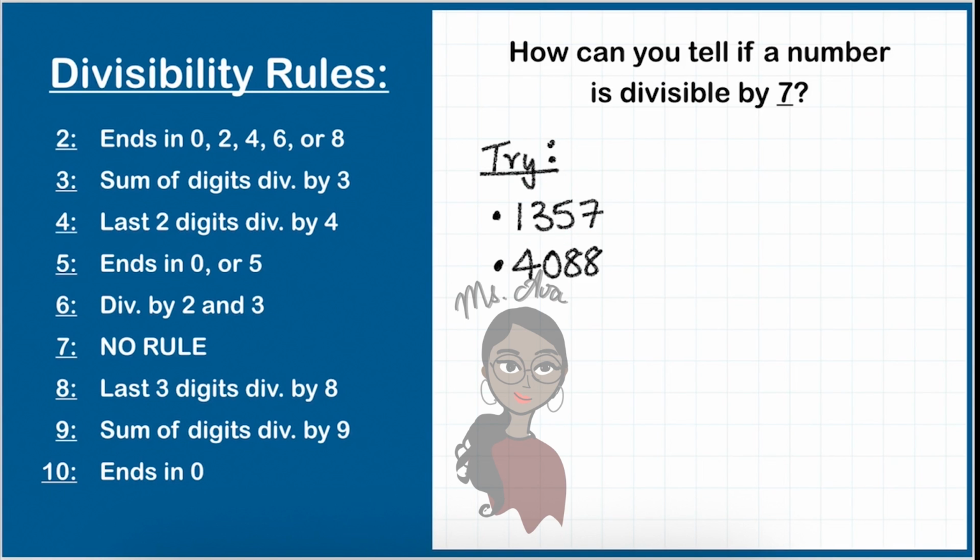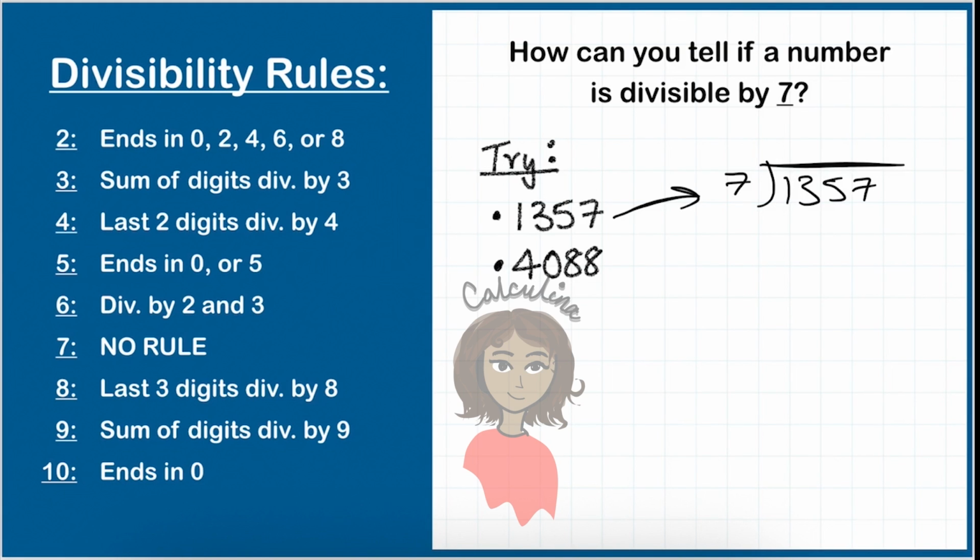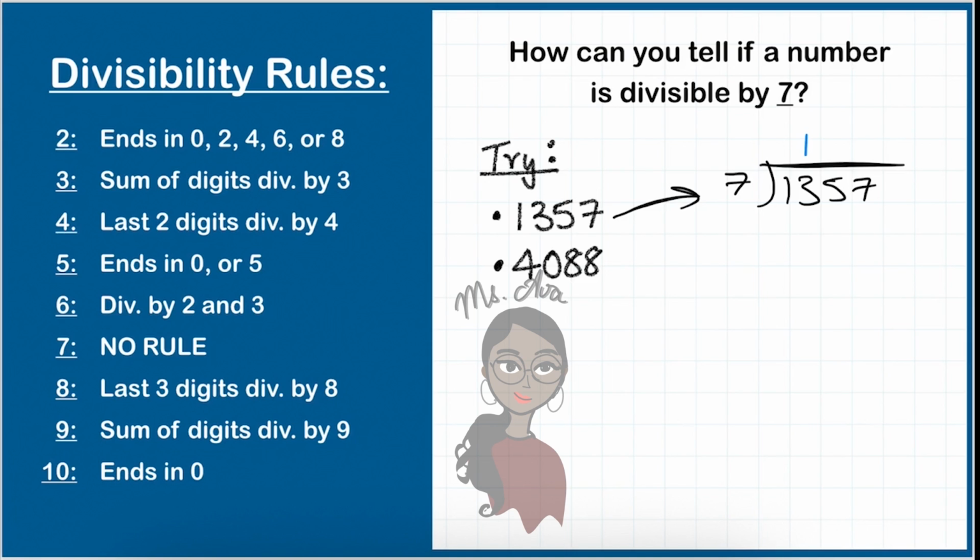So we'll do the shorthand division. Let's try this one first. So 7 and then 1, 3, 5, 7 right here. Okay, 7 into 13. Since it can't go into the 1 by itself, how many times does 7 go into 13? One time. Good. And what would be the remainder from that?